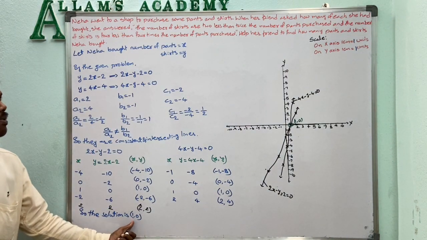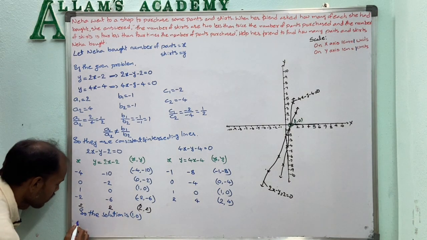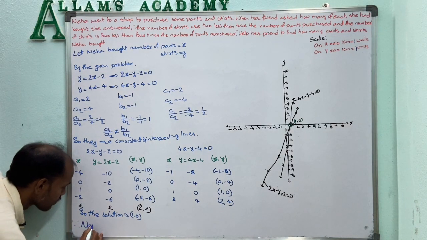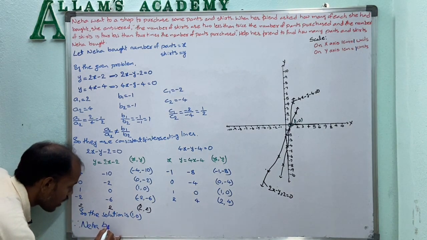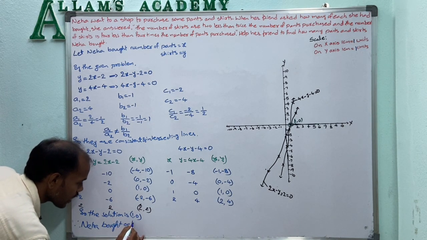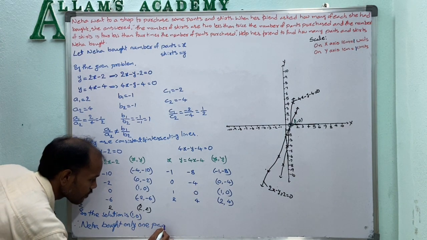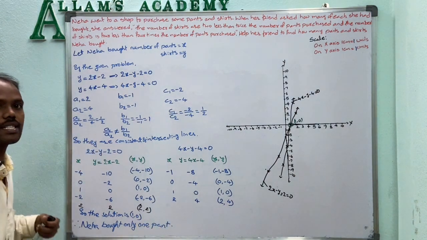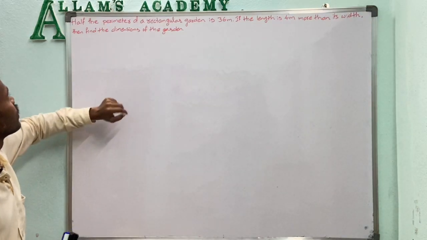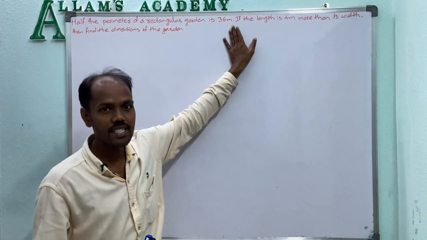That means she bought only one pine, not any skirt. Therefore Neha bought only one pine, not any skirt.